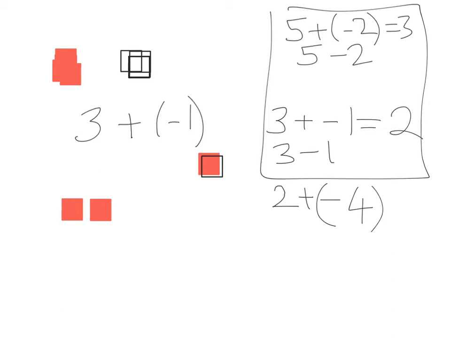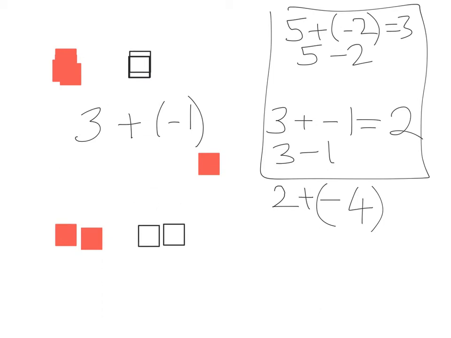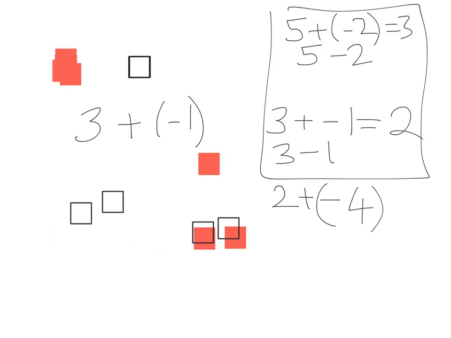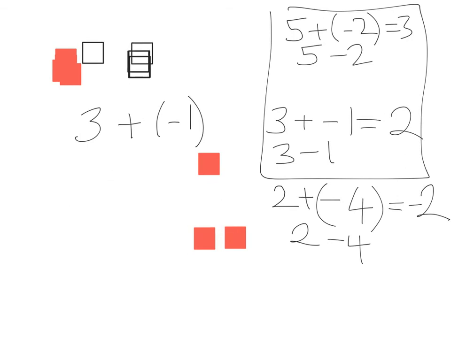Okay, if I make this, I've got my 2 here. If I add negative 4, 1, 2, 3, 4, well, that makes a pair, that makes a pair, and I'm left with negative 2. Well, could I have just done 2 take away 4? Let's have a look. If I start off with 2, well, I haven't got 4 to take away.